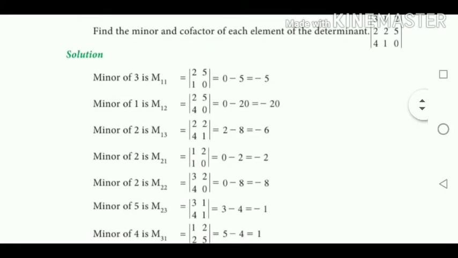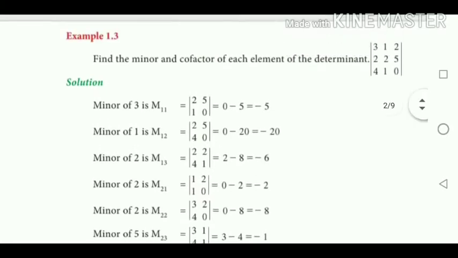Listen, the minor of 3, the first row first column element, that is m11. m11 means you have to delete the first row and first column. Here what is the first row? 3, 1, 2, that is deleted, you cancel that line.